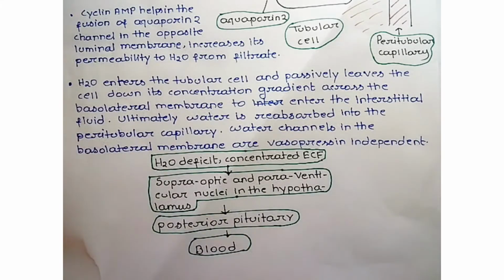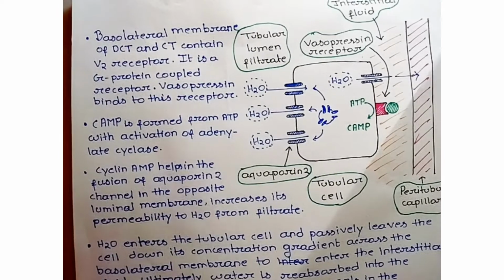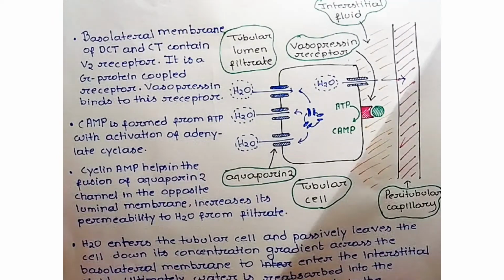Blood vessels contain a type of receptor, the V1 receptor, and when vasopressin binds with the V1 receptor, it helps in constriction of the blood vessels and ultimately blood pressure increases.